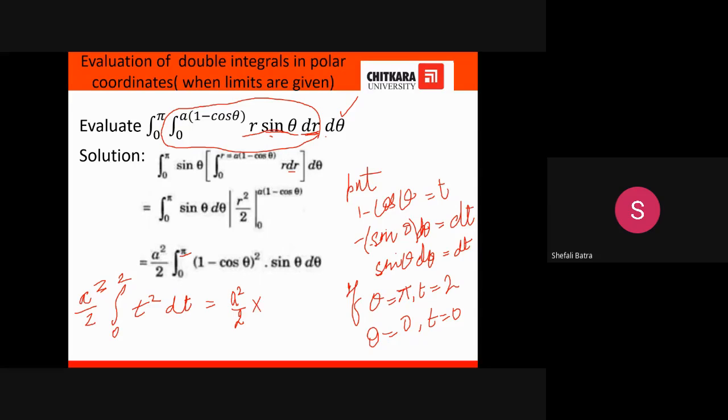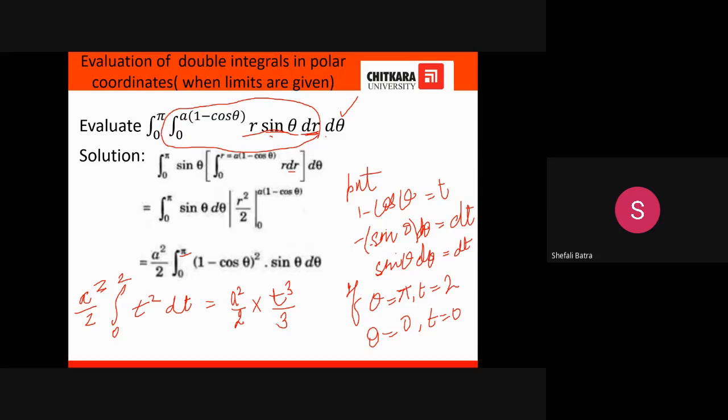Integrate t square. It would be t cube by 3.